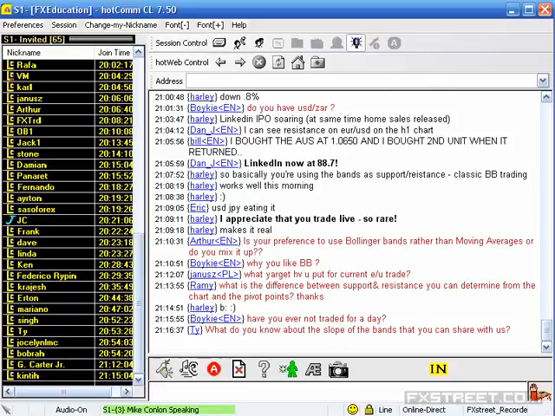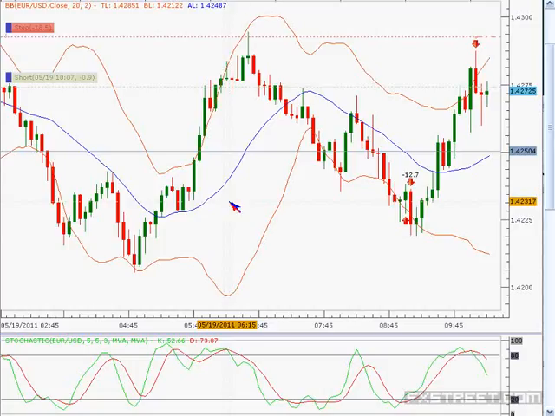Let's see. What about the slope of the bands that I can share with you? Good question. A lot of times what you'll find with the bands is that, because these things are based on standard deviation, you're going to see them expand and contract as you go along. And obviously when the bands expand, you want to trade in the direction that price goes. But just because the bands expand and maybe the initial expansion is to the upside doesn't necessarily mean that's the way price is moving.